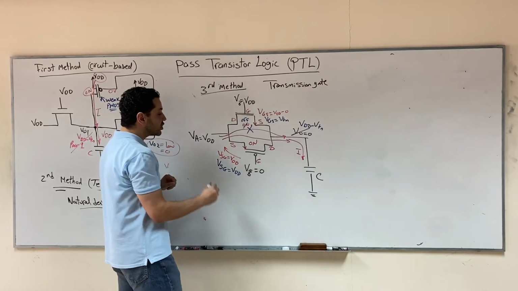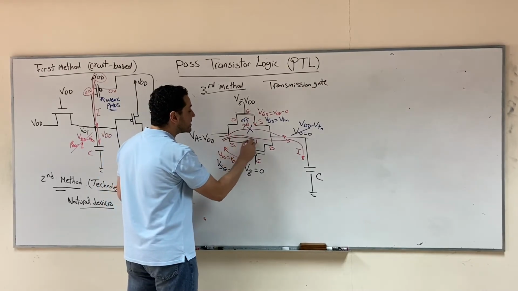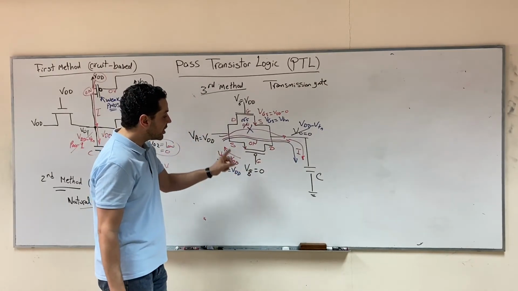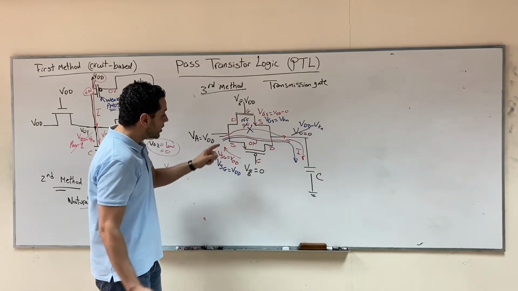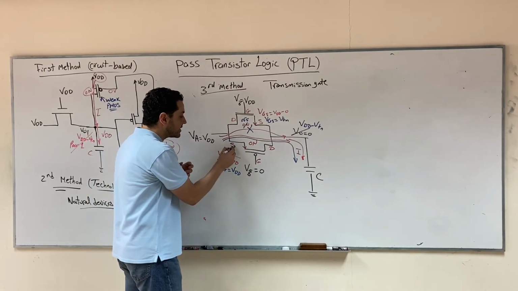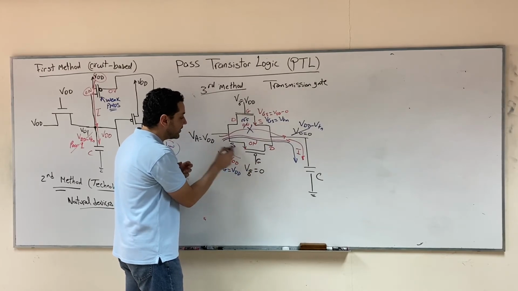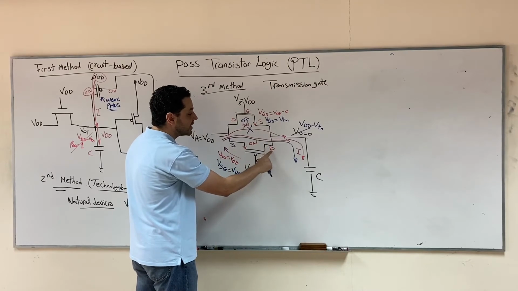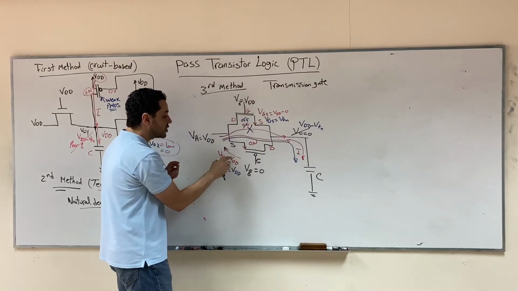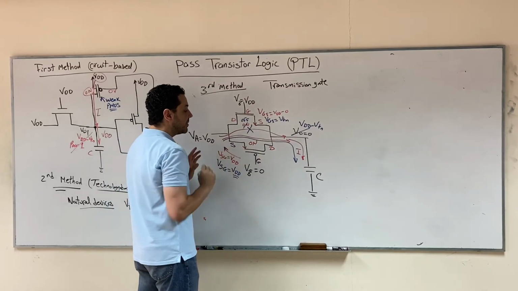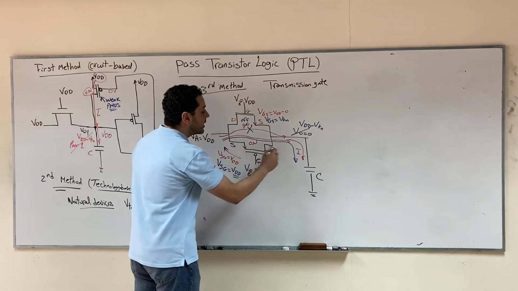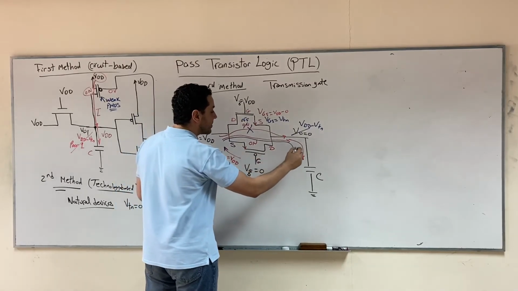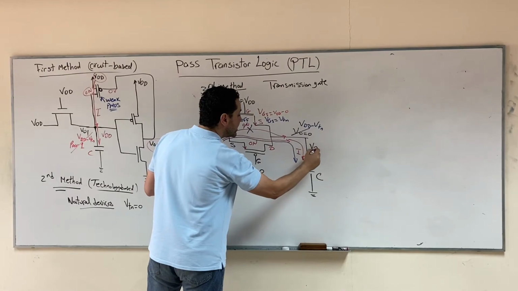So the PMOS transistor will stay working exactly as it is, and the capacitor will keep charging through the PMOS transistor, because VSG equals VDD, always VDD, regardless of what V out is, because V output is connected to the drain here. So the PMOS transistor will always stay on and will keep charging the capacitor until the capacitor reaches VDD.